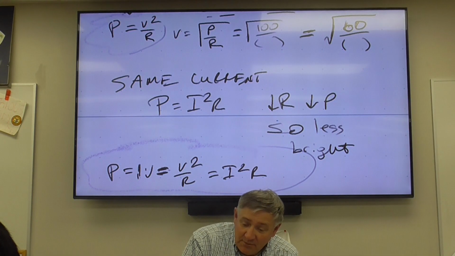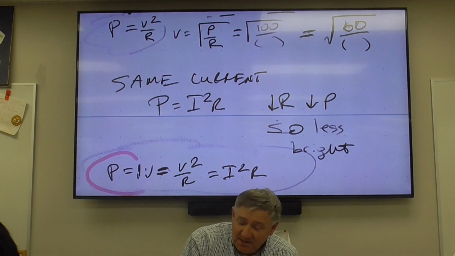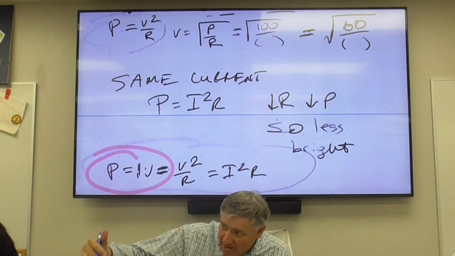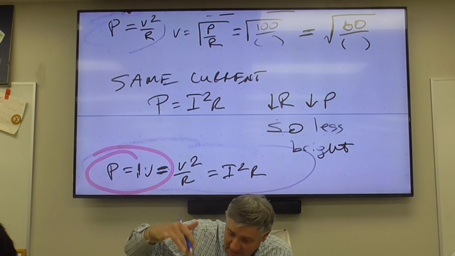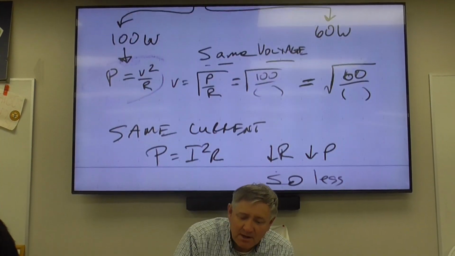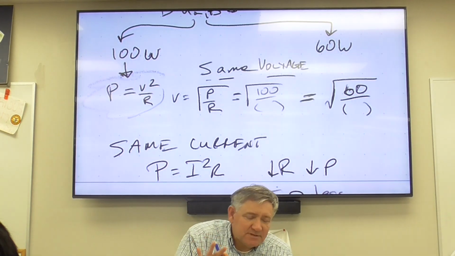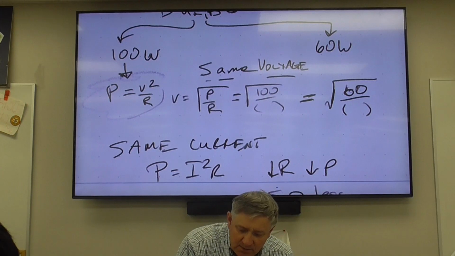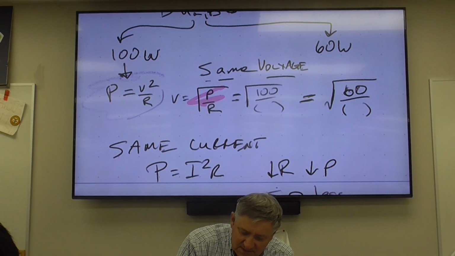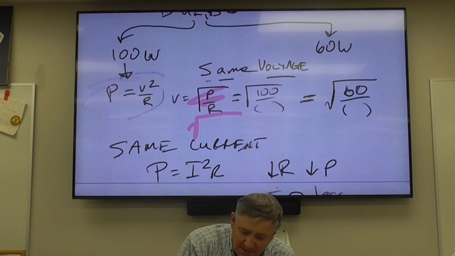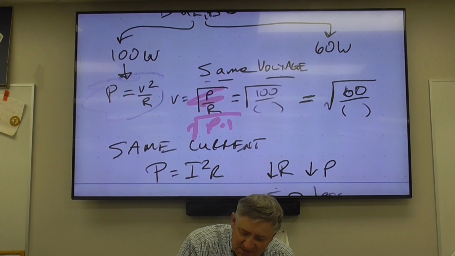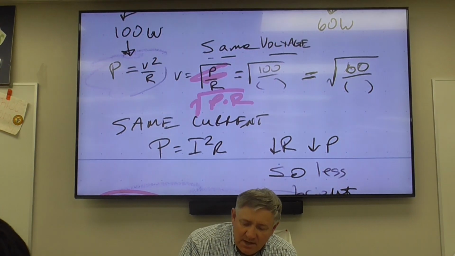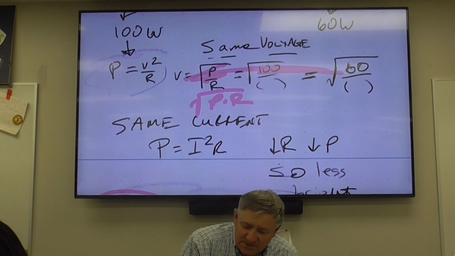You just need to be able to work in these three interchangeably. The only one you actually have on your sheet is this one, but you need to be fluent in the three languages of power: V squared over R, I squared R, and PIV. If you keep the same voltage, and solve for voltage, it is the square root of power times resistance.